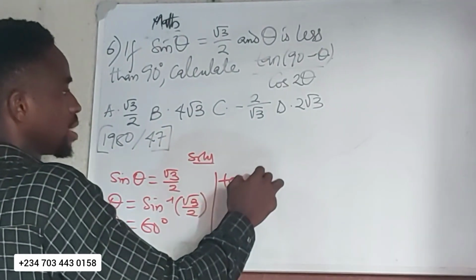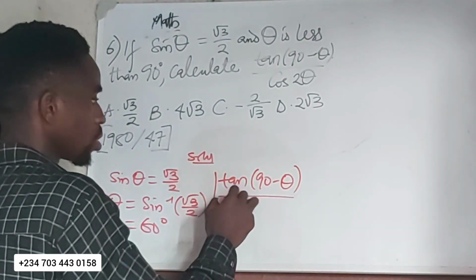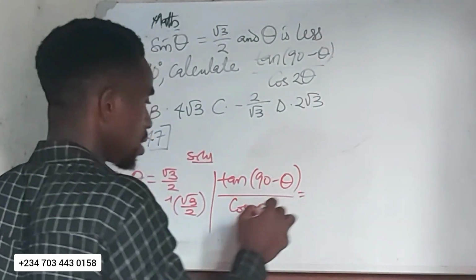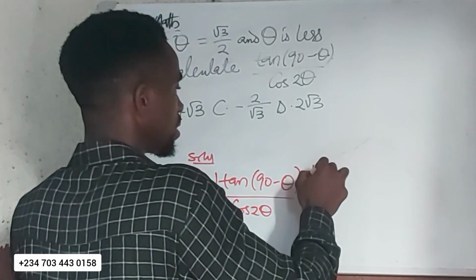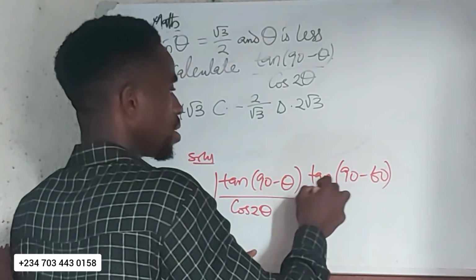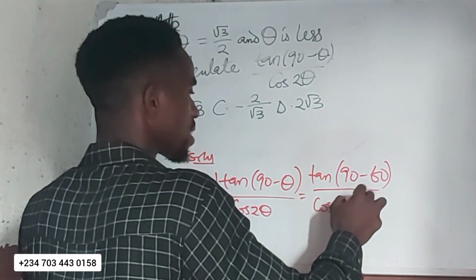I have that tan 90 minus theta upon cos 2 theta is going to be tan 90 minus 60 upon cos 2 times 60.